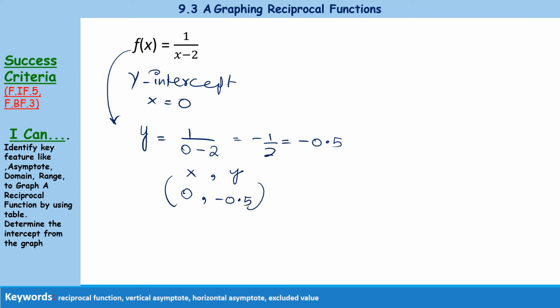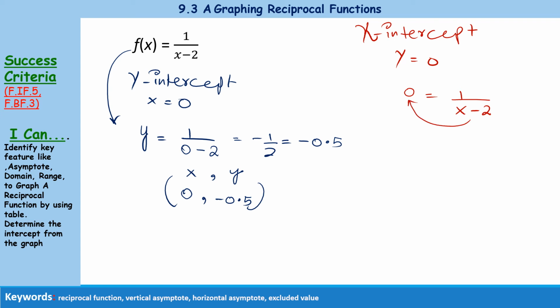Now the last part, write down the x-intercept. What is meant by x-intercept? y equals 0. So in place of f of x, write 0 equals 1 over x minus 2. Bring the x minus 2 to the other side.